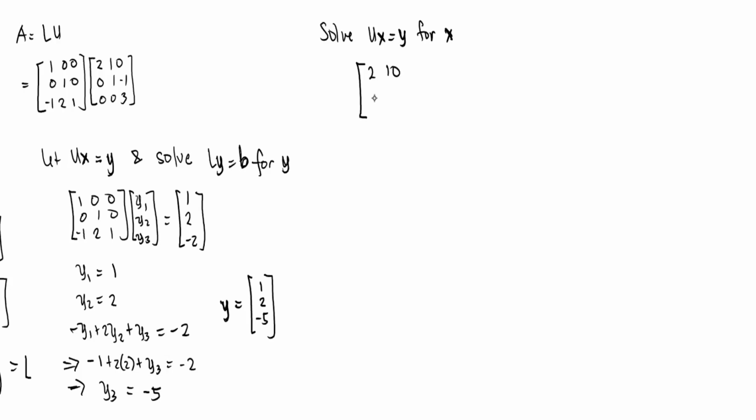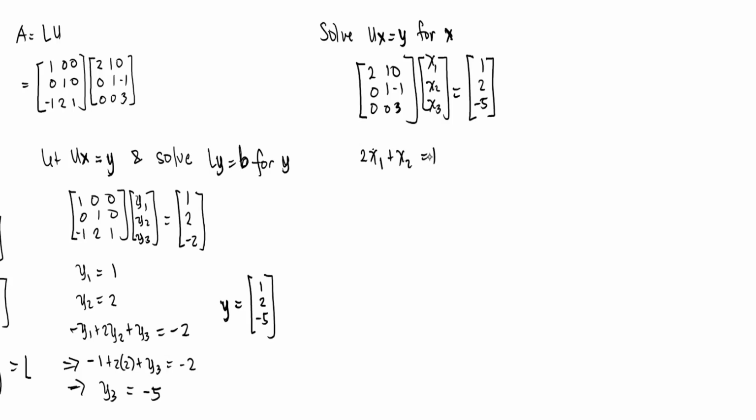We have 2, 1, 0, 0, 1, negative 1, and 0, 0, 3 times x sub 1, x sub 2, and then x sub 3, which is equal to our y, 1, 2, negative 5. Okay, so we form now the system of linear equations from this, which is 2x sub 1 plus x sub 2 equals 1. Then x sub 2 minus x sub 3 equals 2. And then last we have 3 x sub 3 equals negative 5.